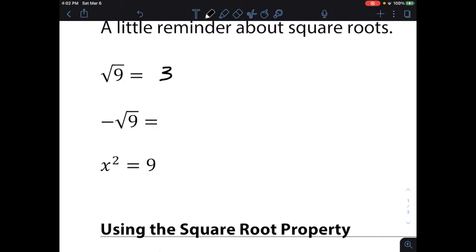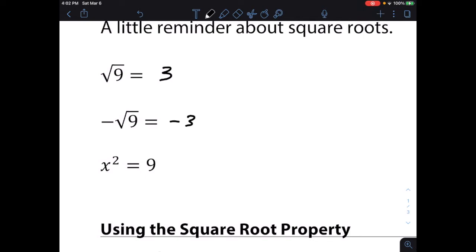So technically it could be 3 or negative 3. But with square roots, we always assume that if it's just the square root symbol or the radical symbol, it's the positive. And we have to be told if it's the negative. So the second example is we're being told it's negative because it has a negative sign out front. So we know that this one is negative 3.